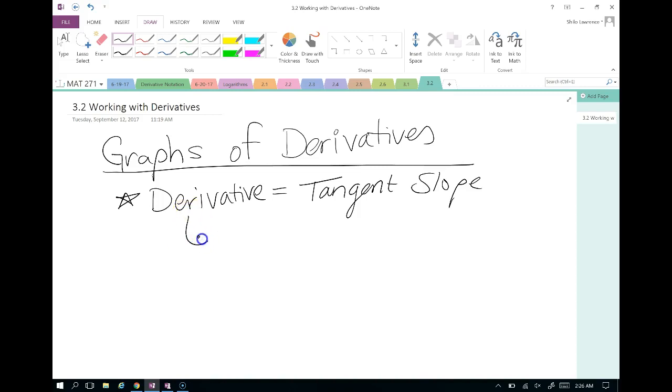So your derivative very often is some function of x, which means as you plug different x values into your derivative, it's going to change. So it takes on all sorts of different values in different places. So the derivative itself is a function and can have its own graph and create its own curve.